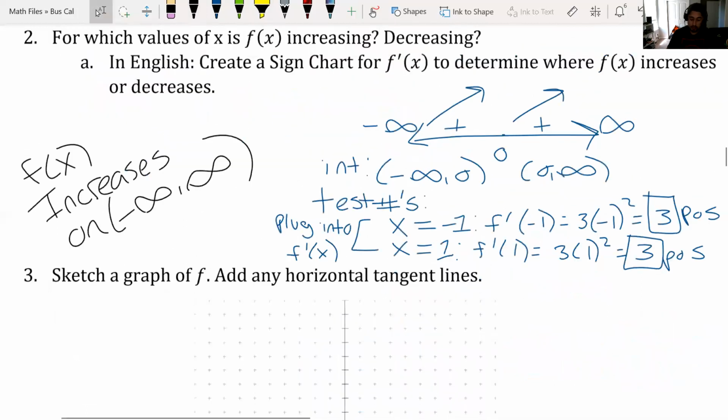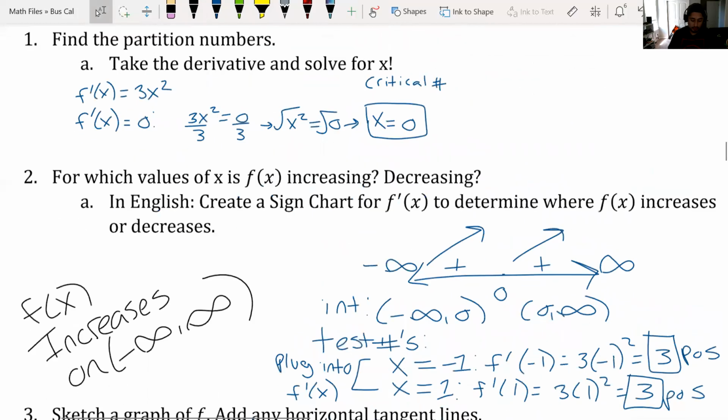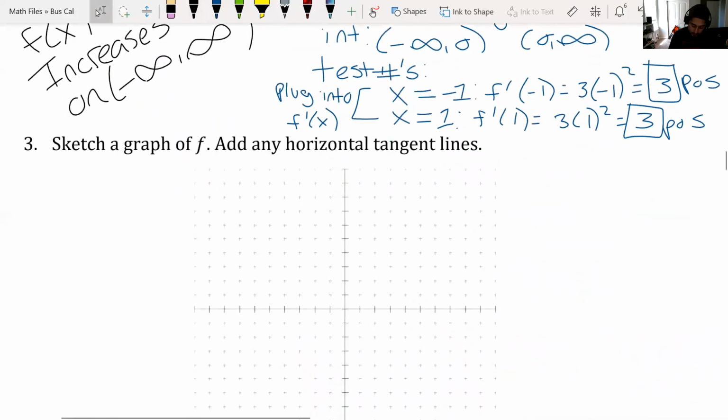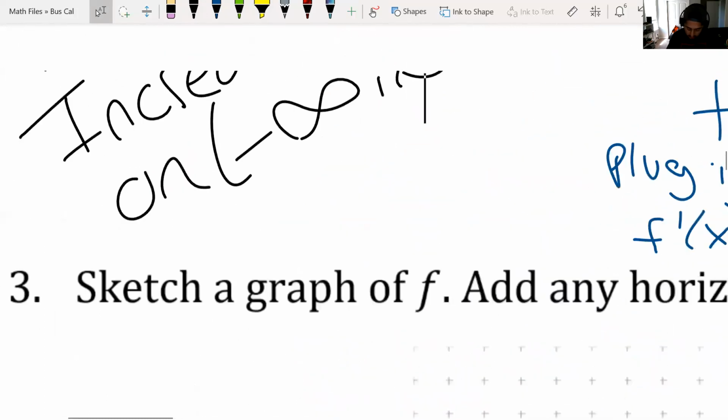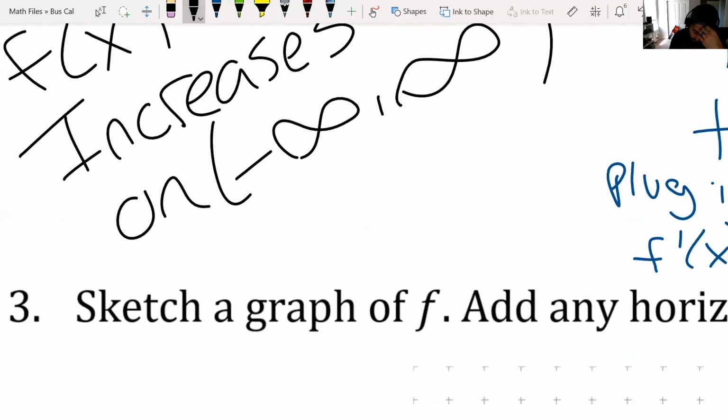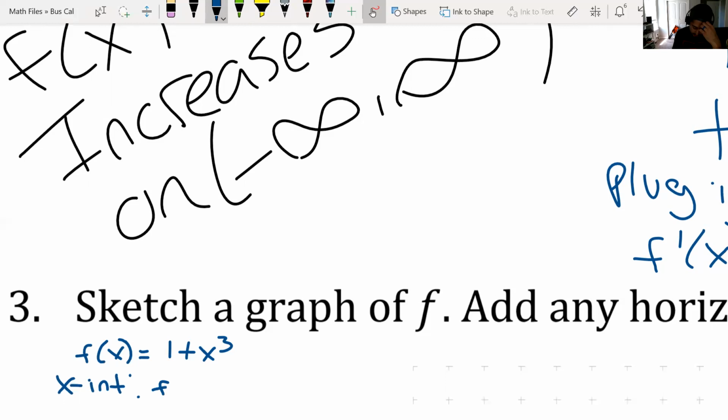Now let's draw. Again, I'm going to rewrite the function 1 plus x cubed over here. Let's just get some information out of this. X-intercept, you let f of x equal 0.